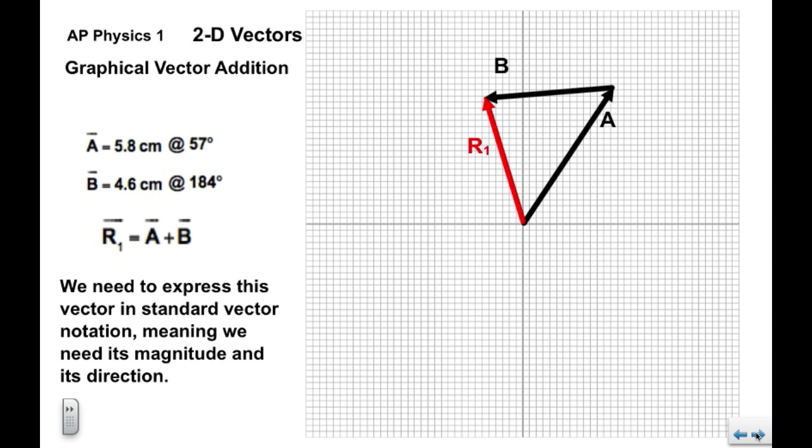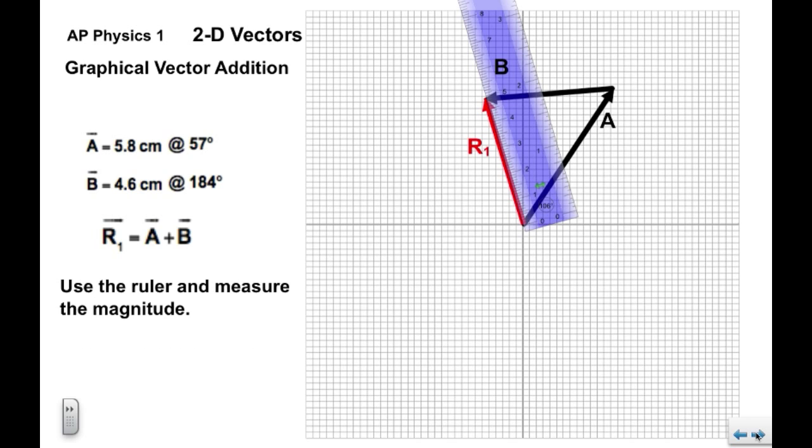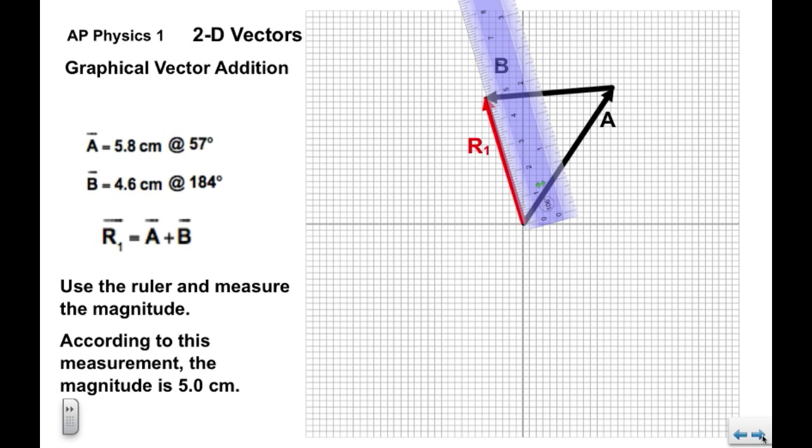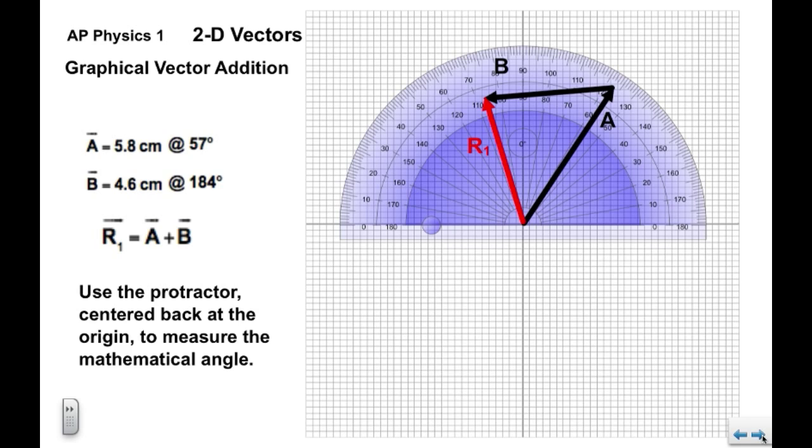We need this vector in standard vector notation, which means we need its magnitude and its direction. The magnitude can be measured directly. Using my ruler, I'm getting 5 centimeters. Right? And then to measure the direction, we take the protractor, put it back on the origin so that the 0 point is on the origin of the XY plane.